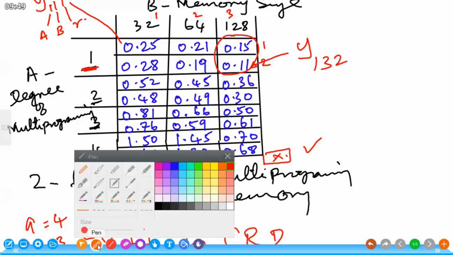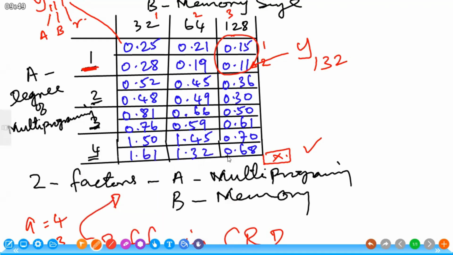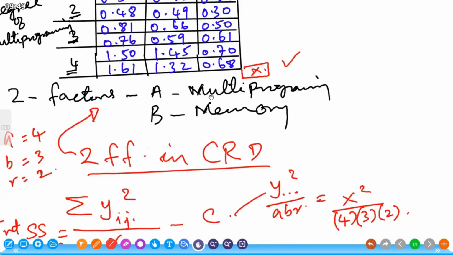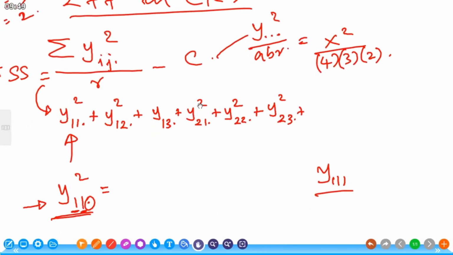We are adding 0.25 plus 0.28. That is the value. Now tell me the added value. 0.53.